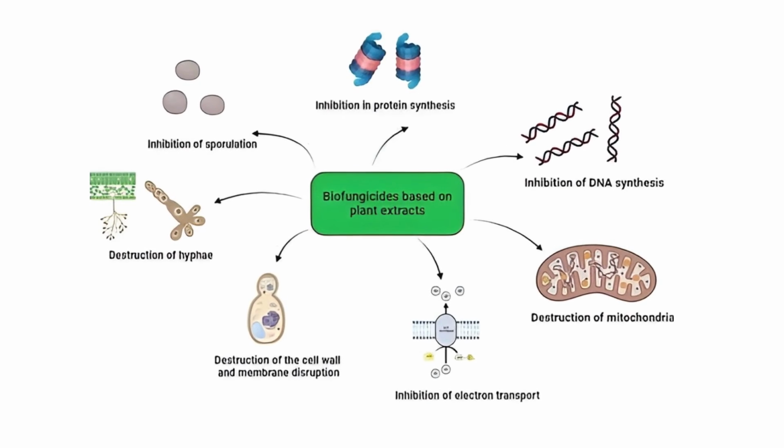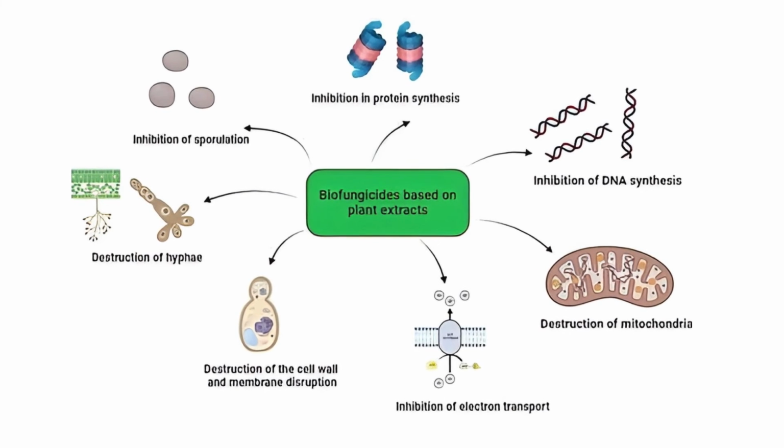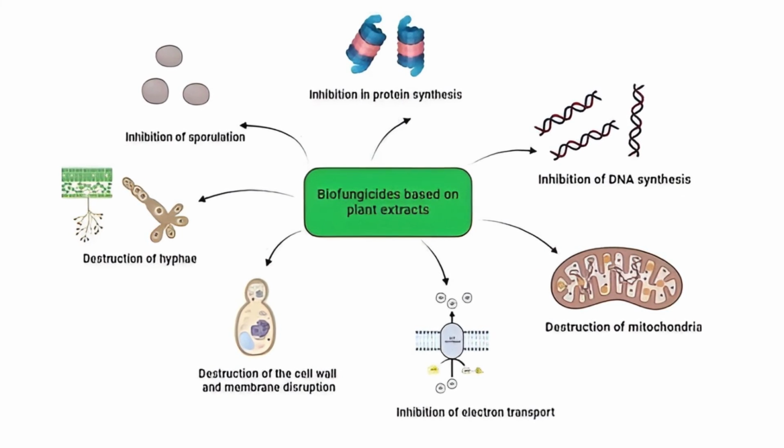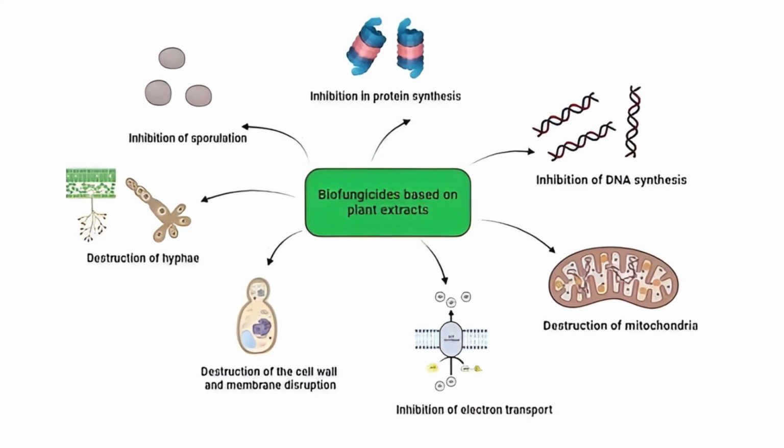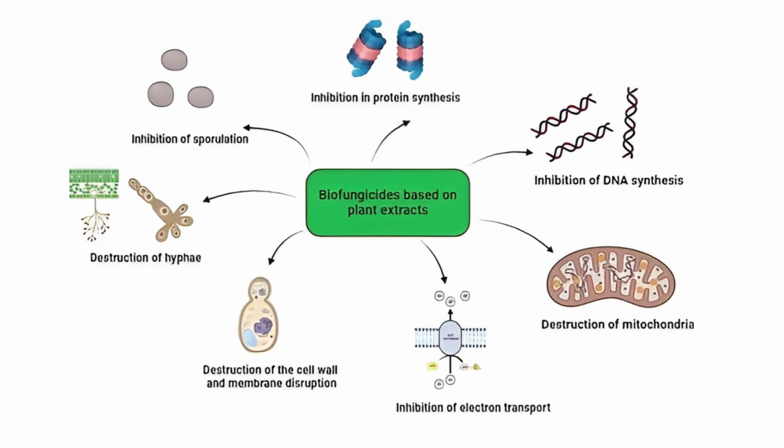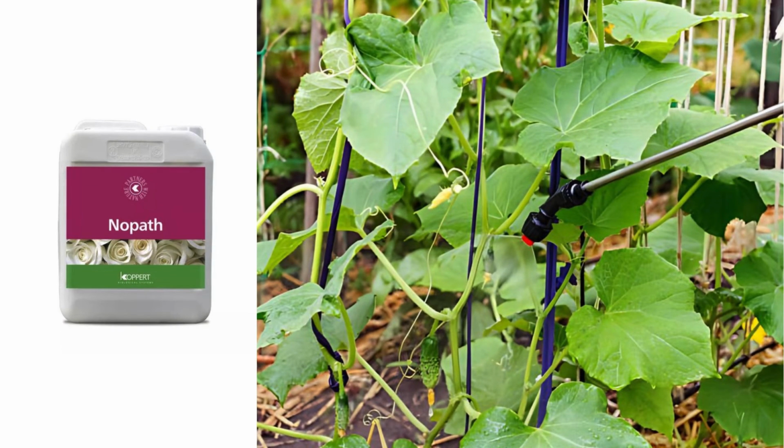Thyme oil's mode of action against downy mildew involves disrupting the fungal cell membrane, leading to cell lysis and death. It also inhibits spore germination and mycelial growth by interfering with fungal enzyme activity. It is applied as a foliar spray, and it effectively reduces downy mildew infection and spread, offering a natural and eco-friendly alternative to chemical fungicides.